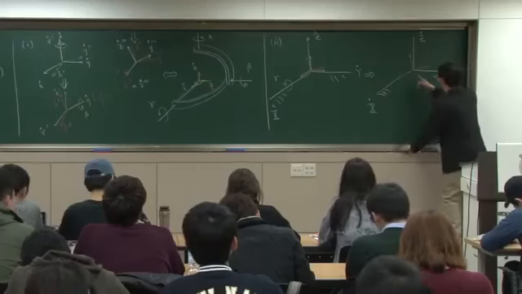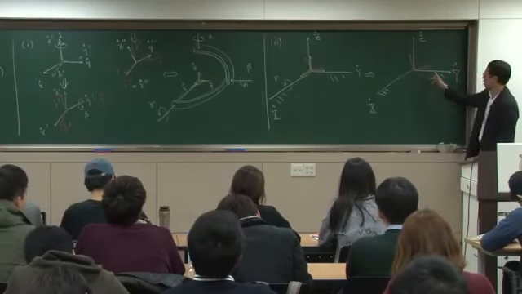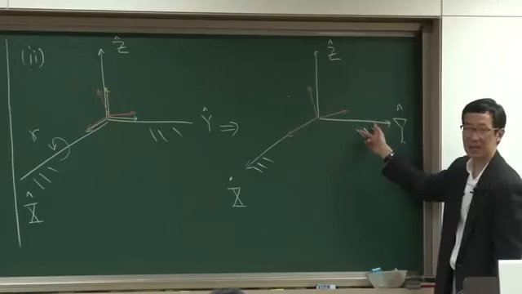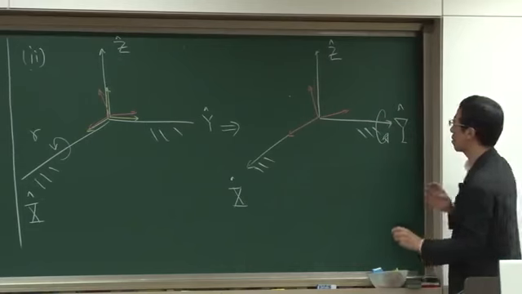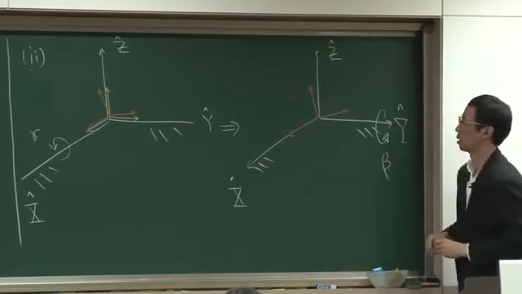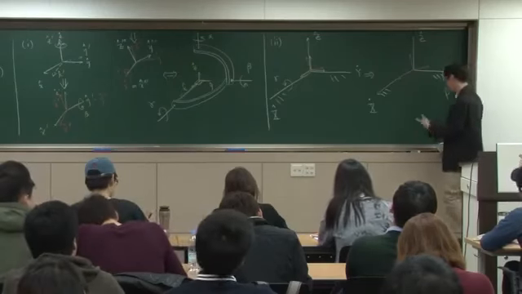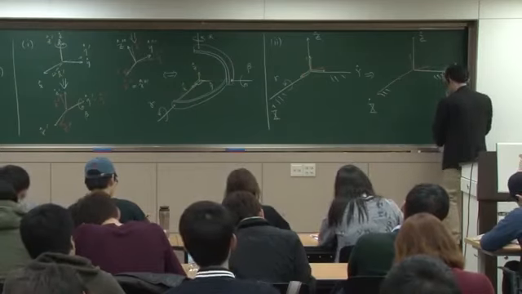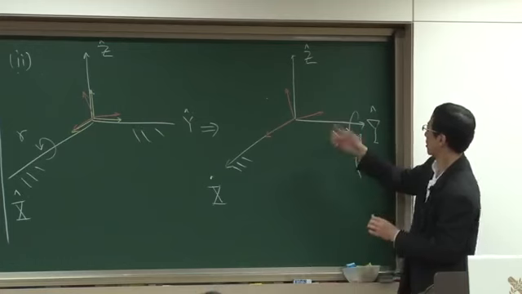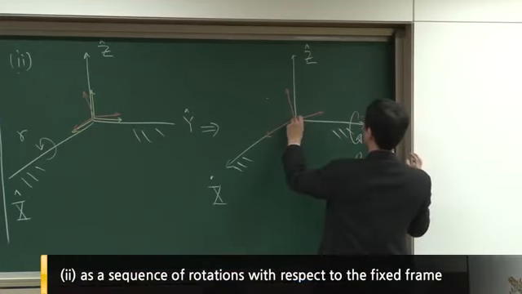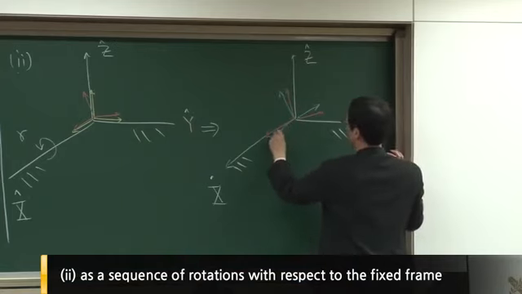I'm going to rotate this red frame around the fixed frame y-axis by angle beta. If I do that, I'm going to get, now we're going to triple colors, something like that.